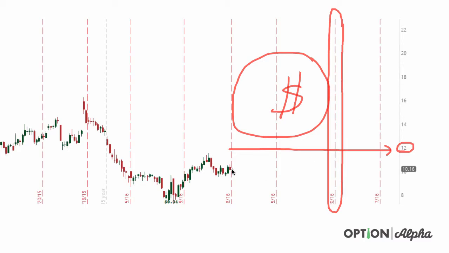But instead of actually having to buy the underlying stock at $10 a share right now and outlay all of that money, we might be able to control, with one option contract, 100 shares of this stock for, let's say, $50, okay?